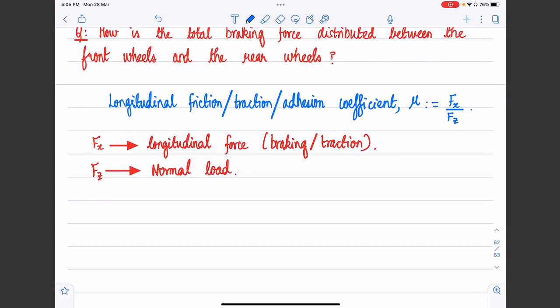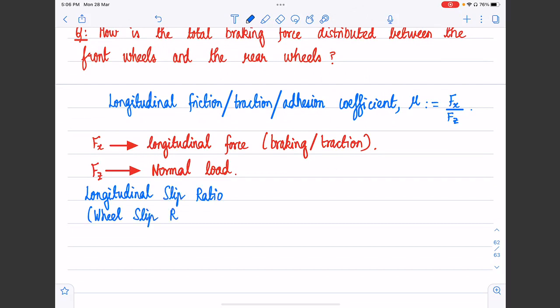Before doing this, I'm going to introduce one more variable, which is also quite critical in braking analysis. It is called the longitudinal slip ratio. Some people also call it the wheel slip ratio. So what is this longitudinal slip ratio or wheel slip ratio?